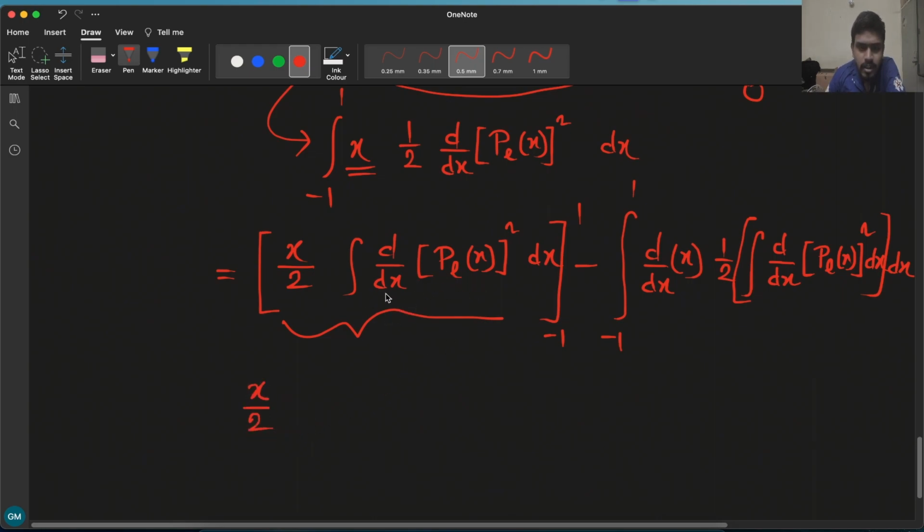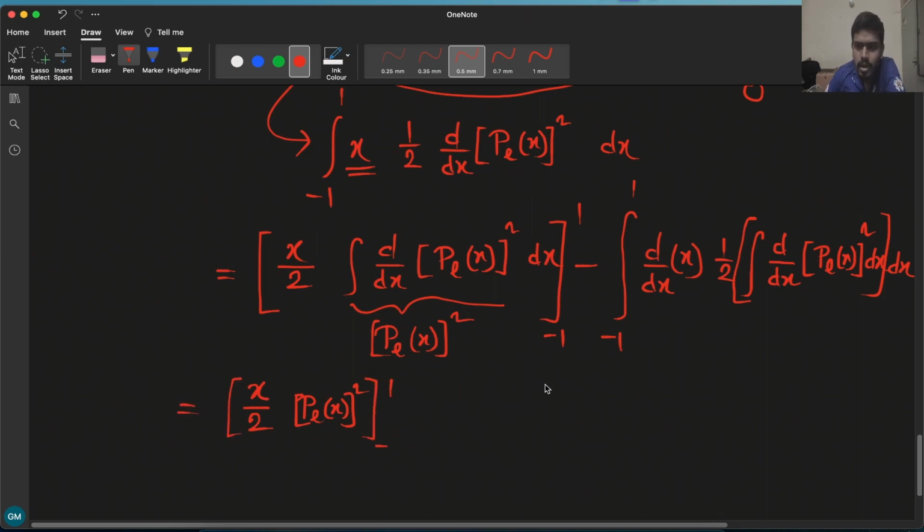Now if I do this integration, it is x by 2 times P_l(x) whole square, with the limit from minus 1 to 1.